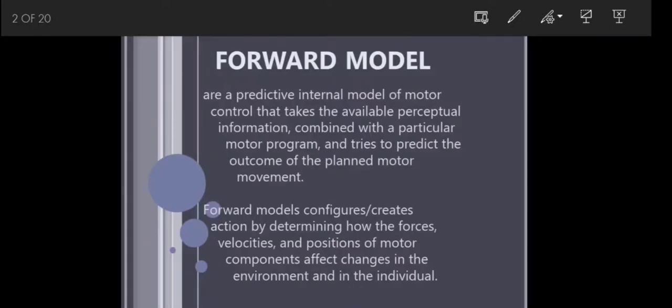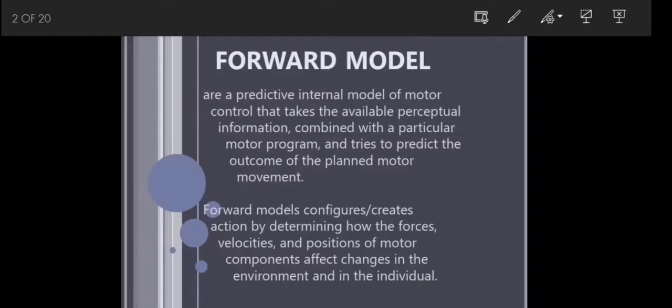Para mas masabtan na to ang forward modal. Ang kaning internal modal is the theory of motor control. The motor system is controlled by the constant interaction of plant and the controller.